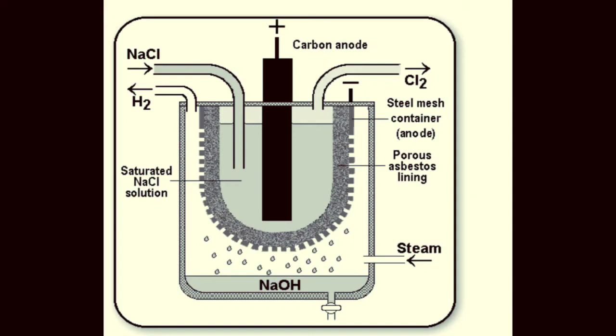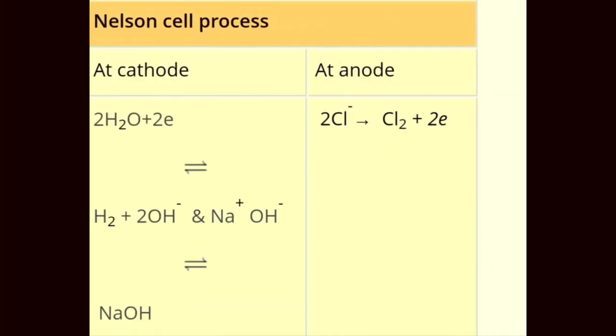The overall reaction in the Nelson cell at anode and cathode can be summarized as follows. At the cathode, reduction of water takes place and it converts into H2 hydrogen gas and hydroxide ions, which form sodium hydroxide.